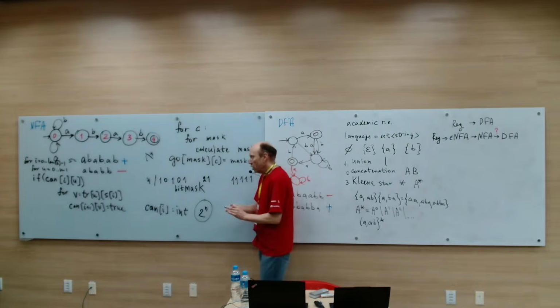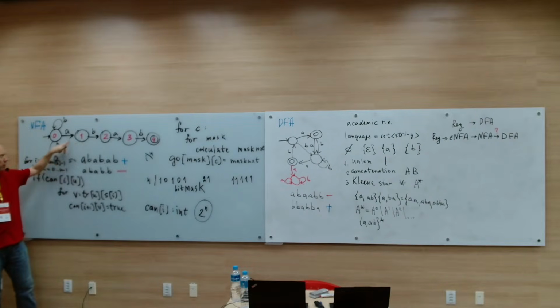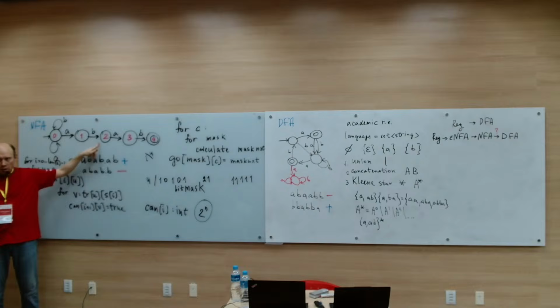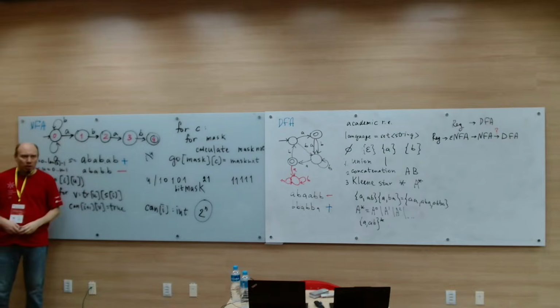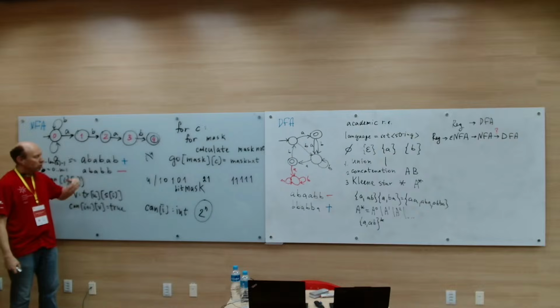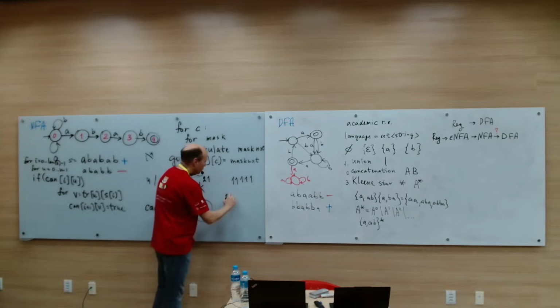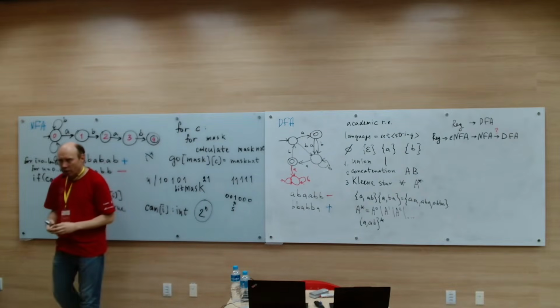Of course not, because you cannot simultaneously be in state 1 and state 2, because one means that the last character was A, and the other means that the last character was B. So there are many masks that are impossible to reach, so you could optimize your algorithm by only adding to the set of states of your deterministic analog of this automaton those masks that are reachable from the initial mask, which is all zeros and one at the starting state.